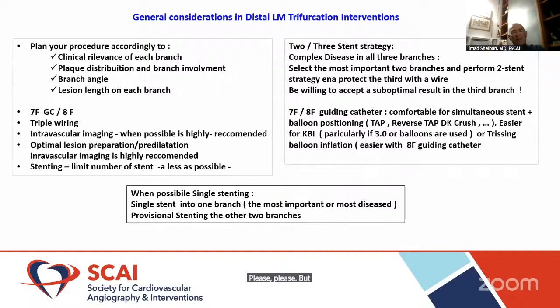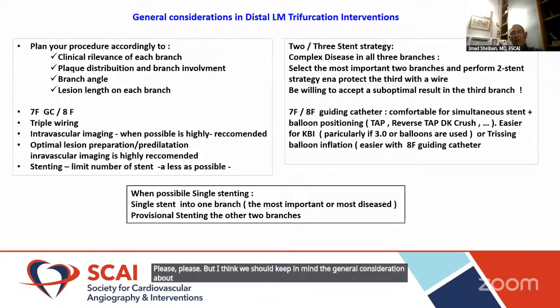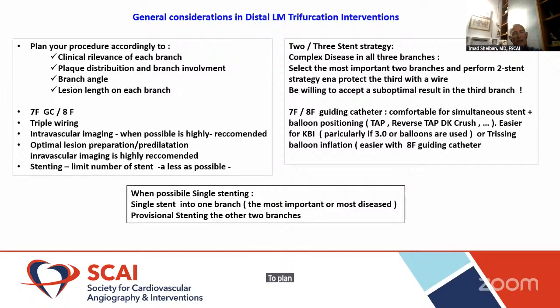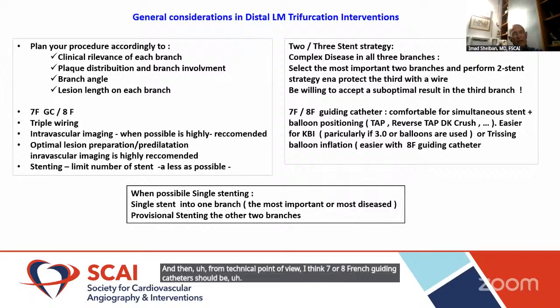But I think we should keep in mind the general considerations about distal left main trifurcation interventions to plan the procedure according to the clinical relevance of the side branch, plaque distribution, branch angle, and lesion length on each branch. And then from a technical point of view, I think 7 or 8 French guiding catheters should be preferred.